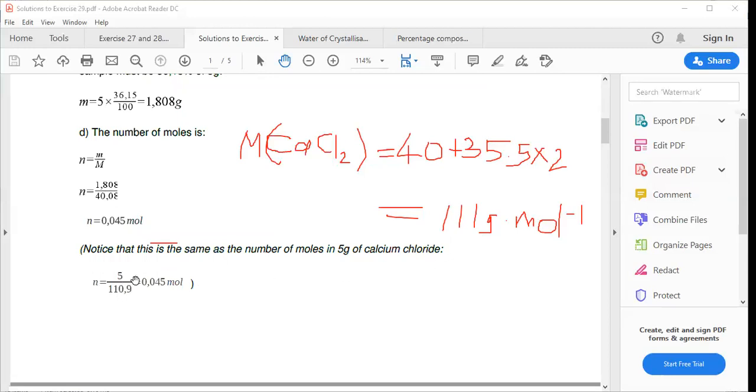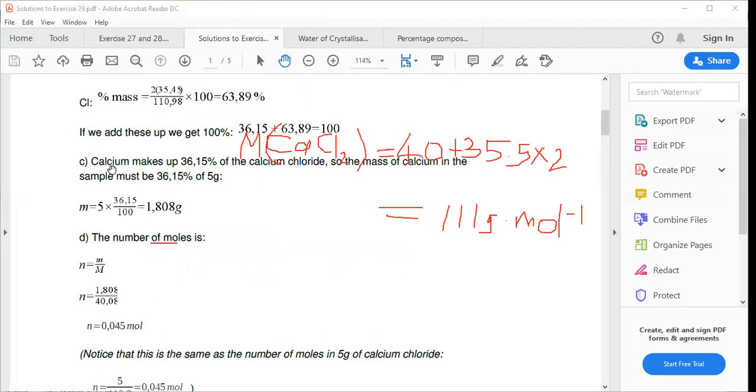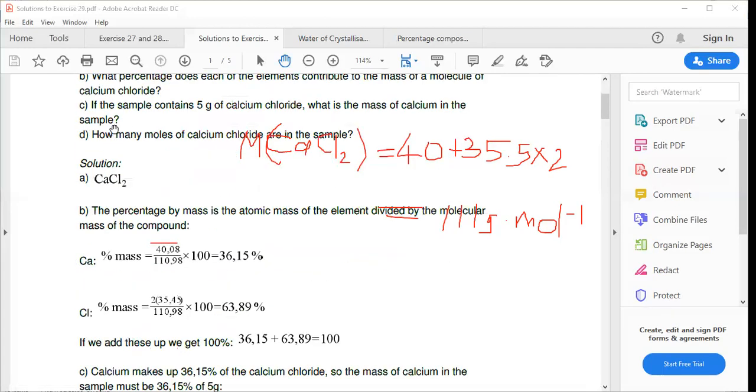All right, we have to do this one here. The question says, how many moles of calcium chloride are in the sample? For you to get number of moles, how do you get number of moles? It's mass over molar mass.